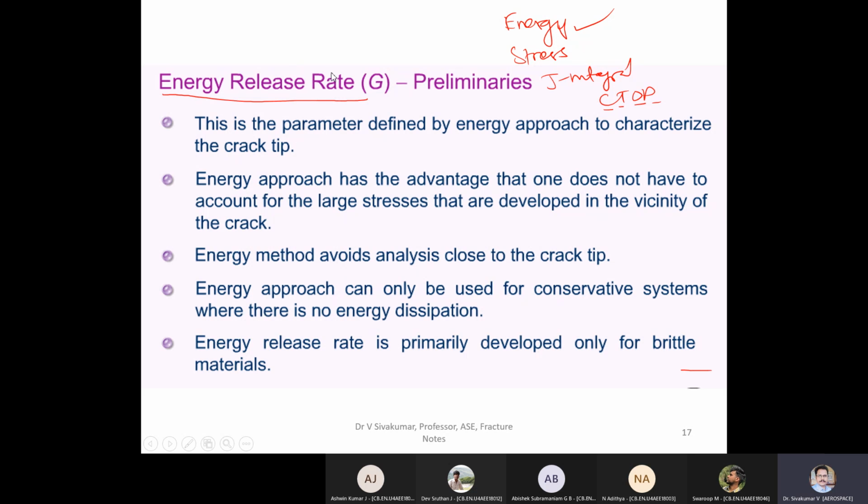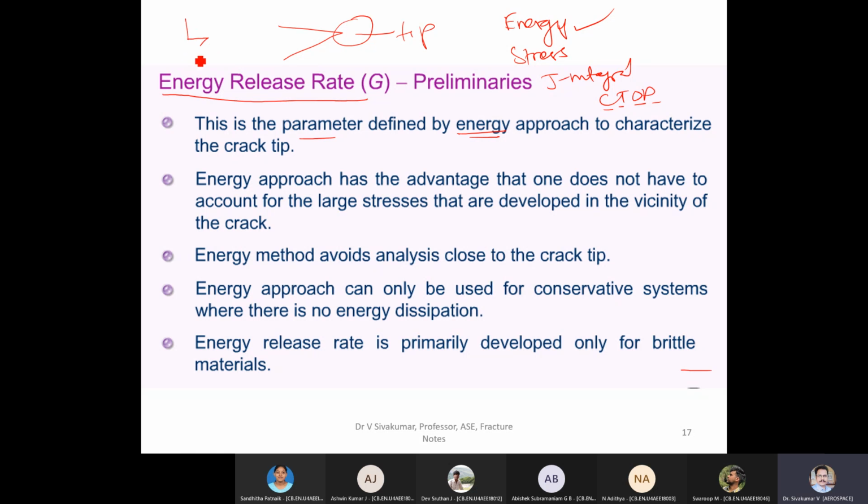So what is this energy release rate? The energy method is called energy release rate. This is the parameter defined by the energy approach to characterize the crack tip. So here the parameter is energy, and our study is the crack tip.